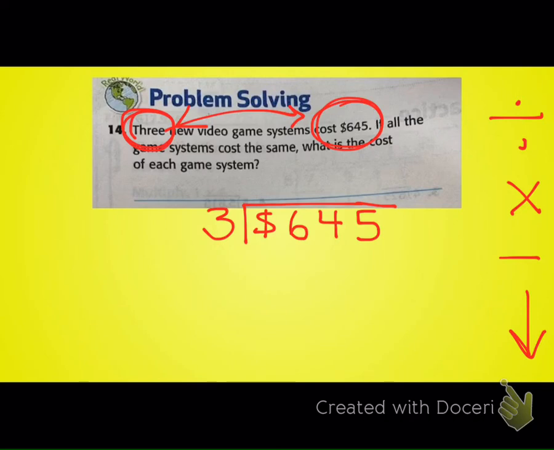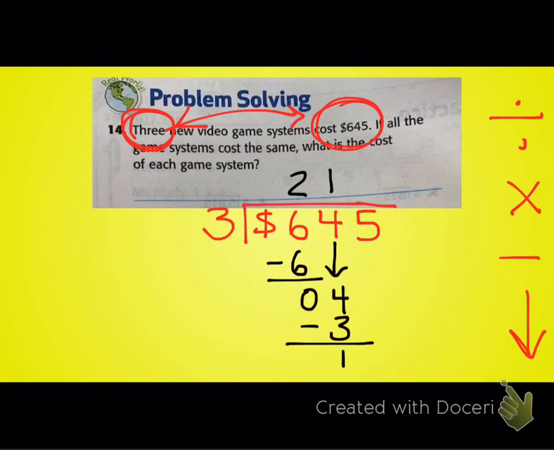So 6 divided by 3 is 2. 2 times 3, 6. 6 minus 6, 0. Bring down our next number. 0 becomes 4. Start at the top again. 4 divided by 3, 1. 1 times 3, 3.